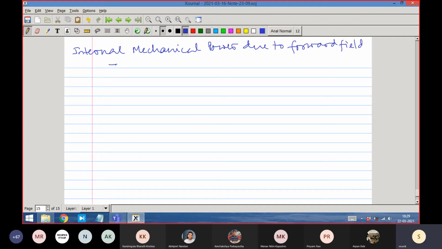Our old understanding is how much? 1 minus s into PGF, where PGF is the air gap power due to the forward magnetic field.